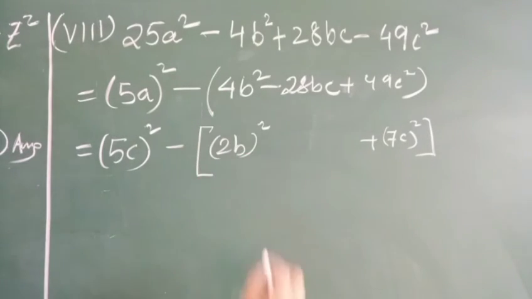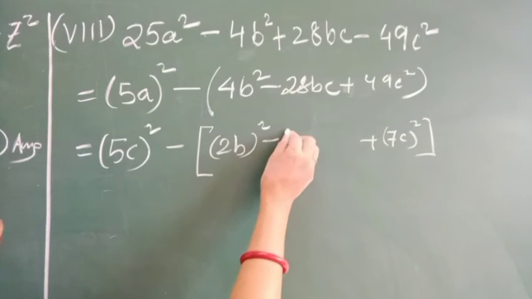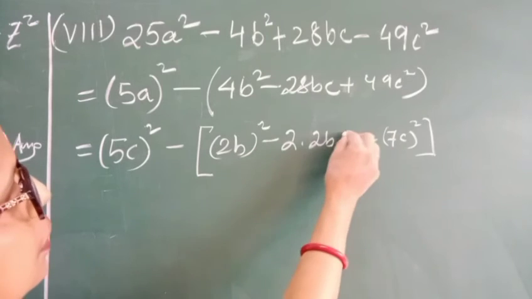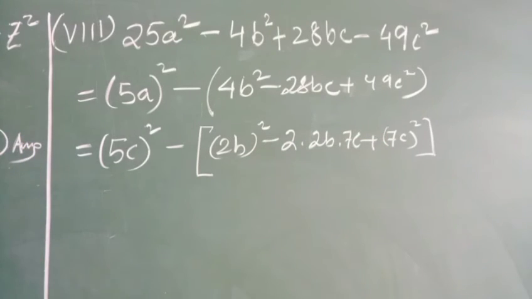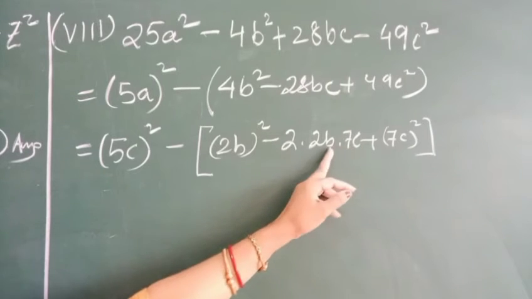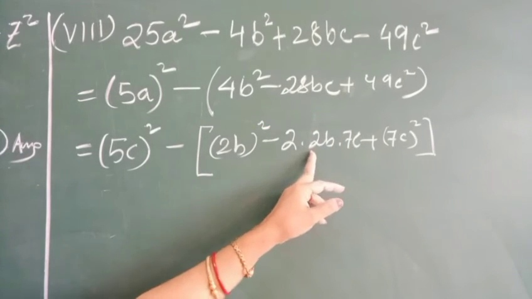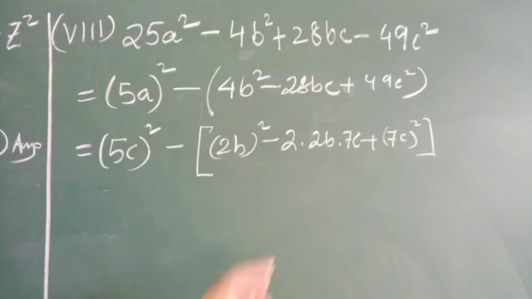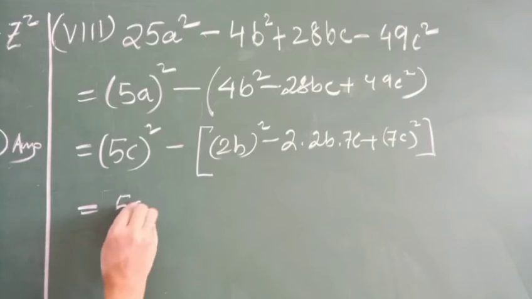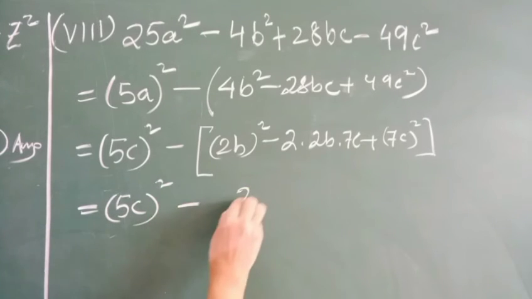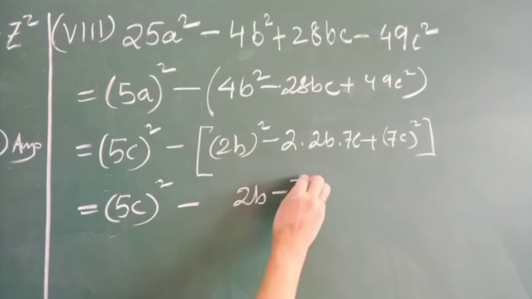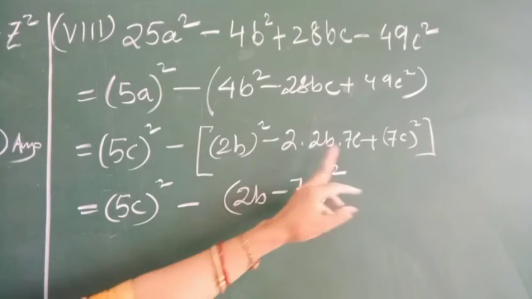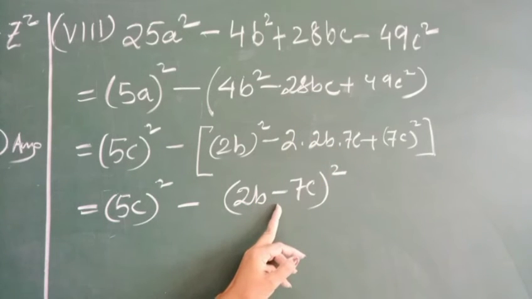Now look at this sign, minus. Use that formula 2 into a into b. 2 2s are 4, 4 7s are 28bc, minus 28bc. Our sum relates with the a minus b whole square formula nicely. So now we will write 5a whole square minus 2b minus 7c whole square. a square minus 2ab plus b square means a minus b whole square.